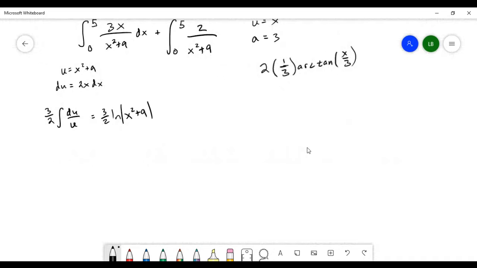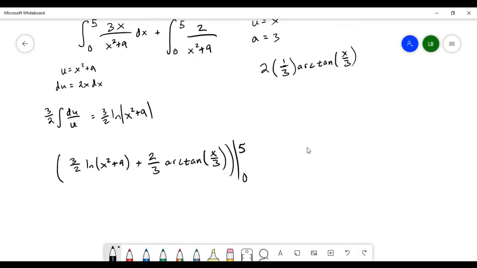So our answer, we would just add those two up. Of course, we do still have our limits. 3 halves natural log of x squared plus 9 plus, I'm just going to write that as 2/3 actually, 2/3 arctangent of x over 3, and then from 0 to 5.